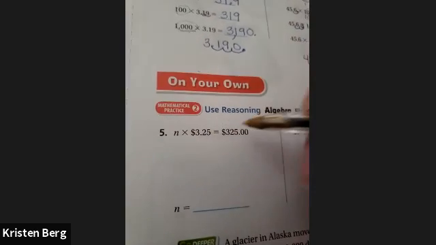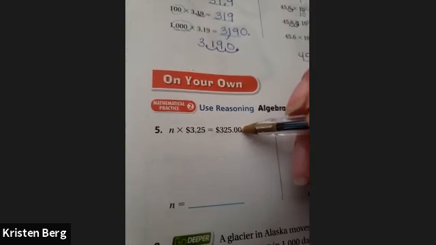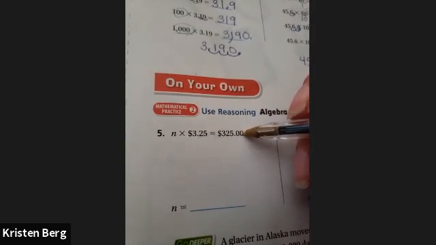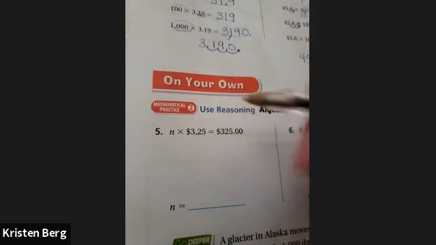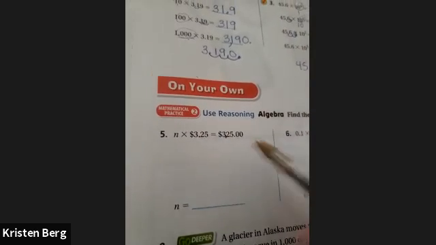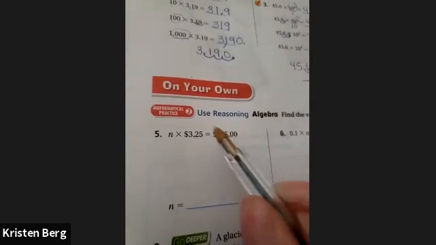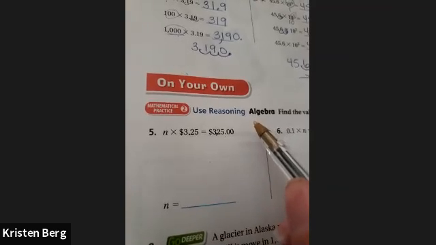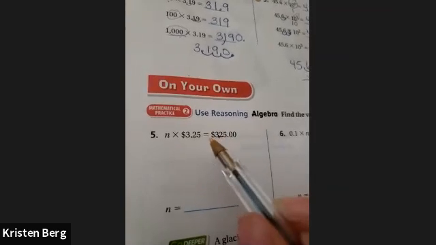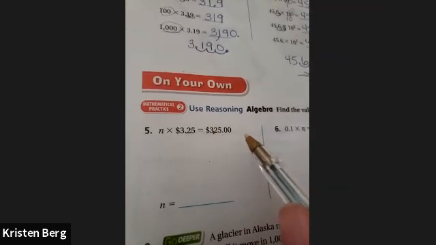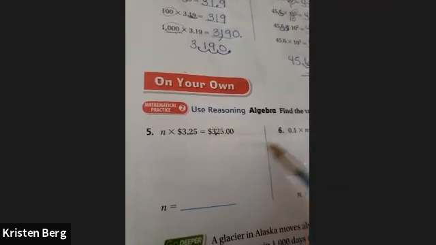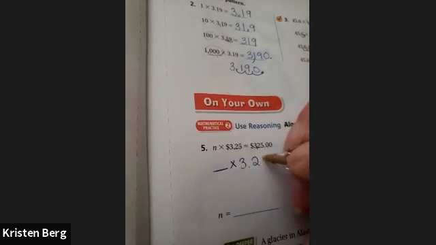This one says n times this is going to equal this. So we have to figure out what is going on. What it started with was here, and now it moved over here. Remember, when you're going this way, you are making it bigger. We just don't know how many places we are going to make it bigger. So blank times $3.25 is going to be $325.